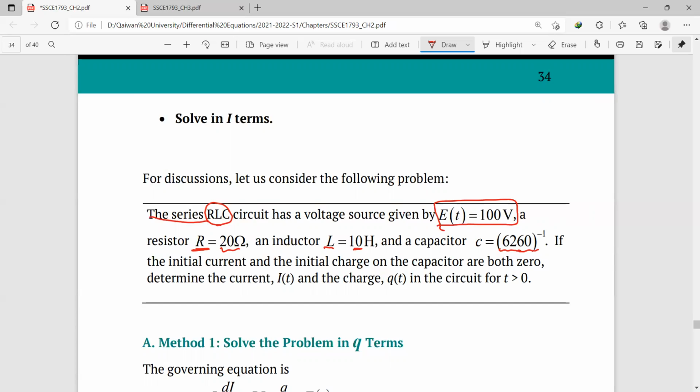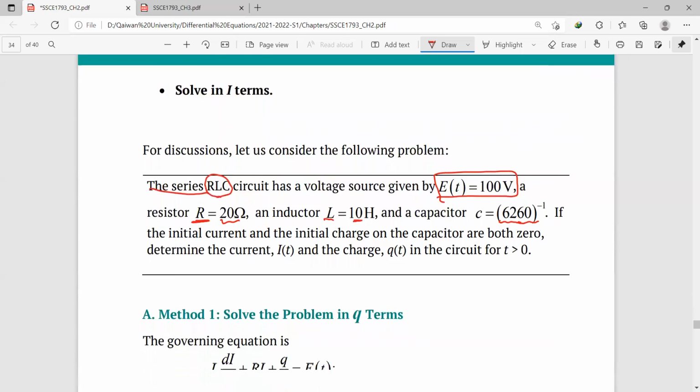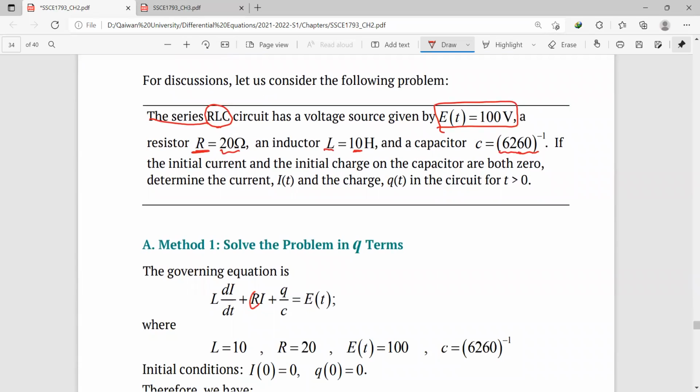Now we have R, L, C, and E. We have given these four things in the example. We use that equation, which is the governing equation for this application.